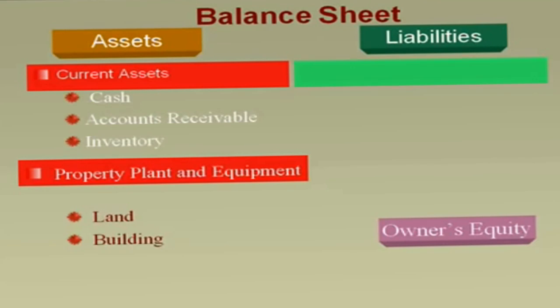Remember, the criteria to differentiate between long term and short term is 1 year. If you hold it less than 1 year, it's short term or current assets. If you hold it more than 1 year, it's long term and comes under property, plant, and equipment.